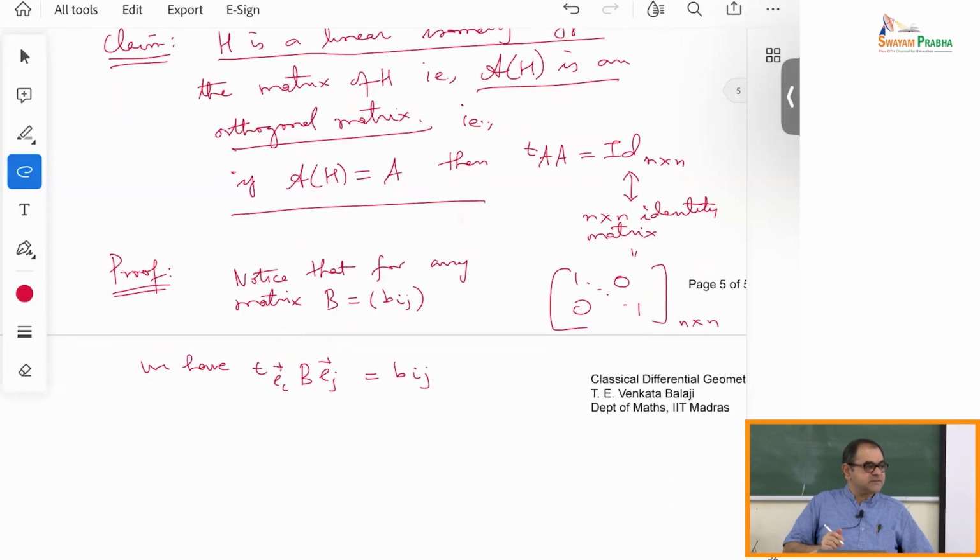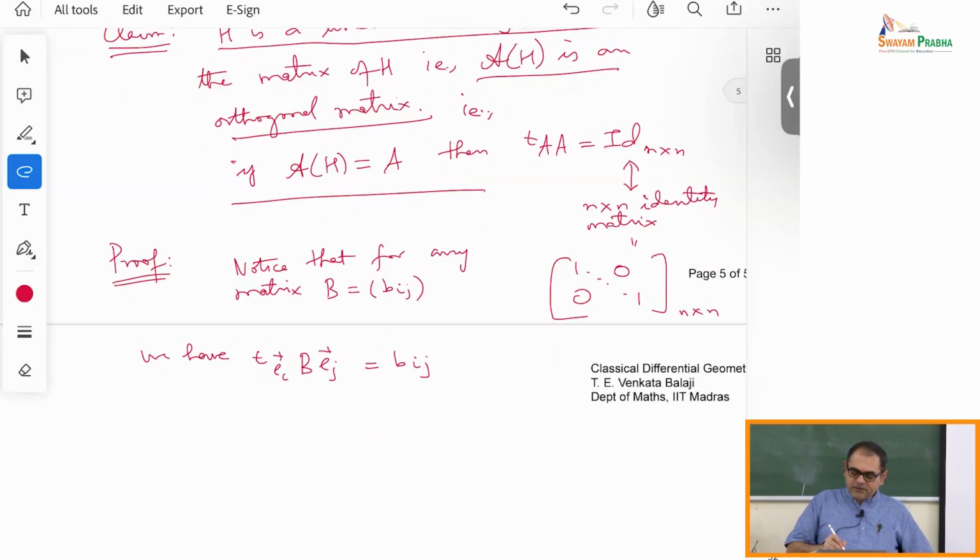Okay, why is this true? Because, look at this: you are going to put the entries of B here, and then you are going to put Ej here. And Ej is what? 0, 0, 0, 1 only in the jth position.